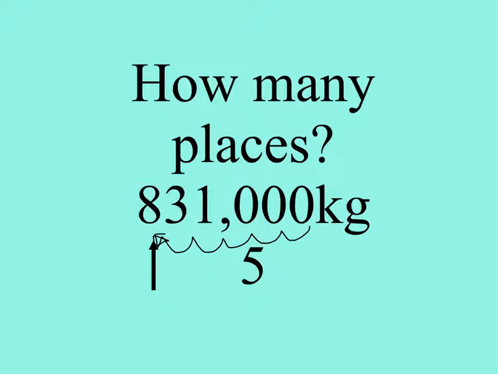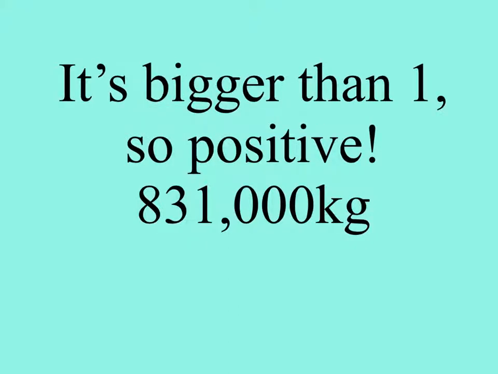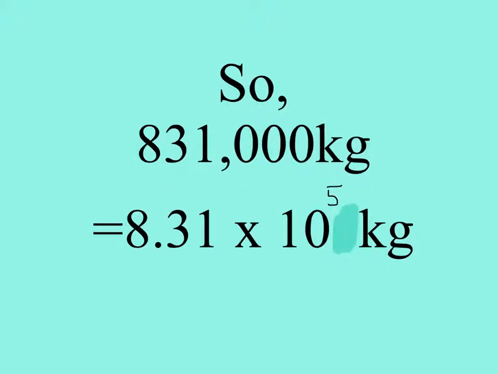If we have to move it 5 decimal places and this number is bigger than 1, then the exponent will be positive, because remember, the exponent is only negative if the number is smaller than 1. So therefore this number becomes 8.31 times 10 to the 5th kilograms.